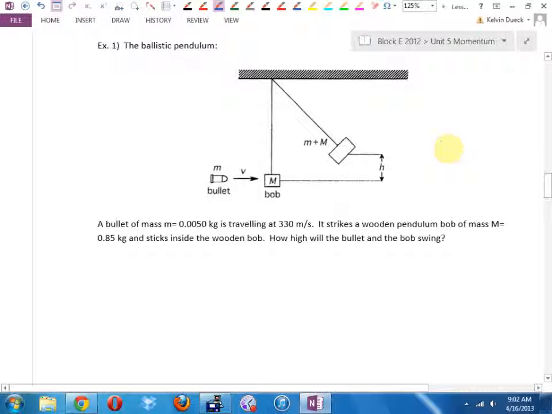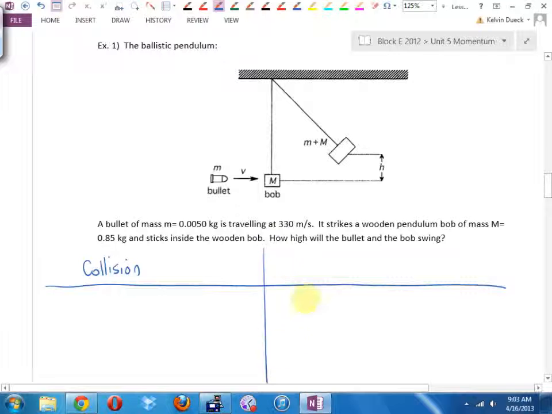The trick to doing this is to realize you're going to divide the question into two parts: the collision and then the swing.